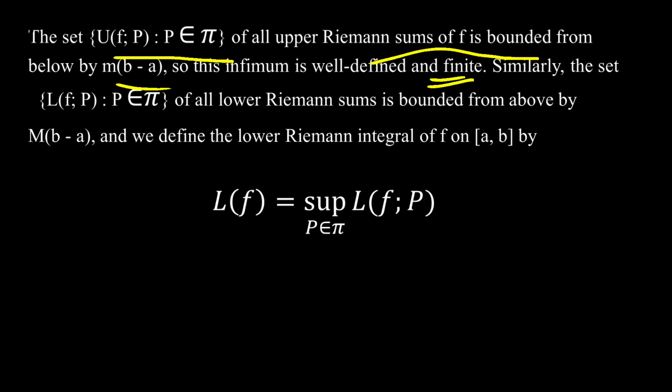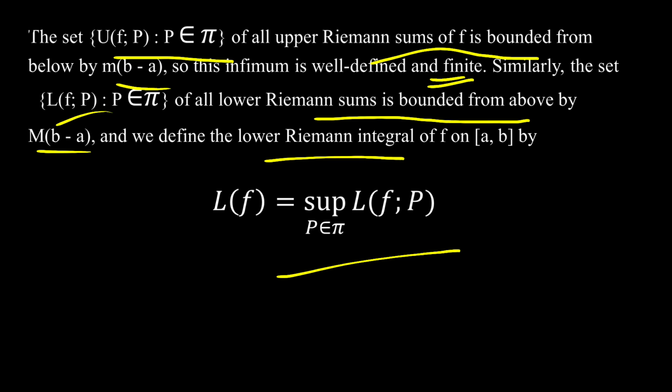And finally, the set of the lower Riemann sums is bounded from above by this. And we define the lower Riemann integral by this. Remember, we are using the supremum of the lower Riemann sums. And this is a very key equation too.